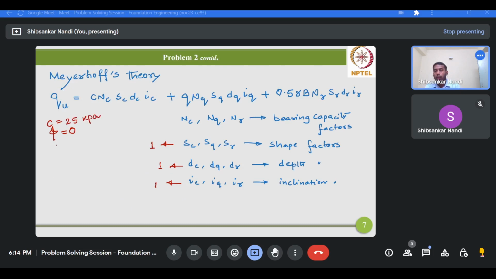Sorry, this cohesion value is 25 kPa. So from phi equals 0, as per Meyer, the bearing capacity factors are NC is 5.14, NQ is 1, and N gamma is 0. So therefore, this third term will vanish. So only there will be the first and second terms. Okay.